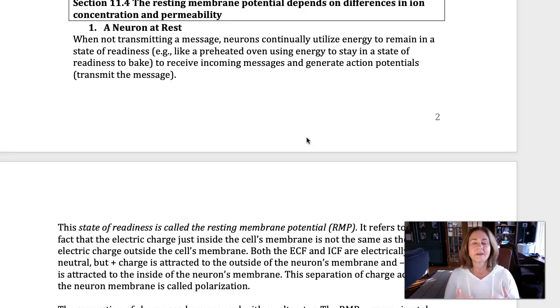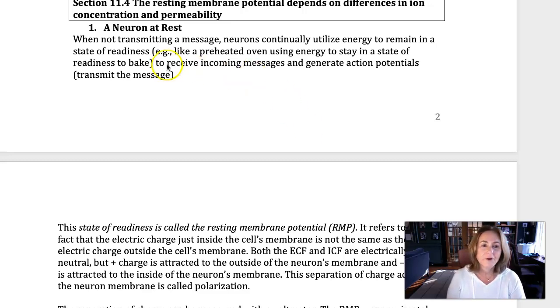Like I said, the neuron is not really at rest, it's in a state of readiness. I would make the analogy of a preheated oven. When I preheat the oven to 350, it's in a state of readiness. When I need it to bake something at 350, it's ready to go. Otherwise, if it's not preheated, it's not in the state of readiness. But to have it in the state of readiness, it takes energy, right?